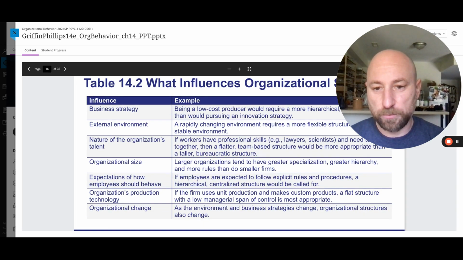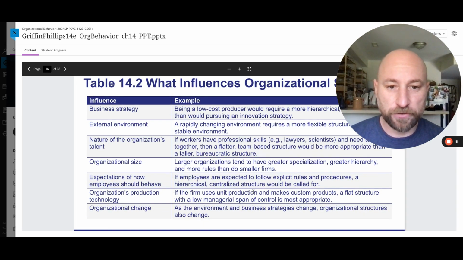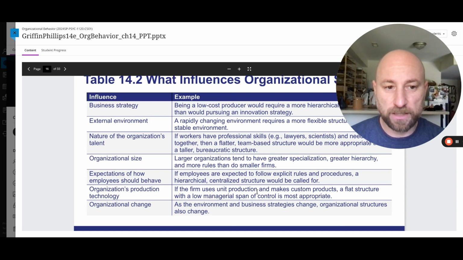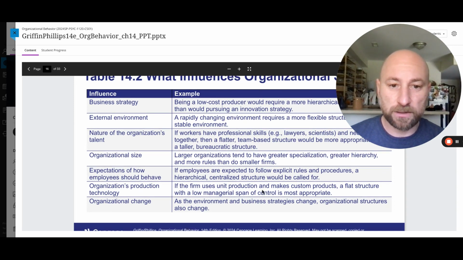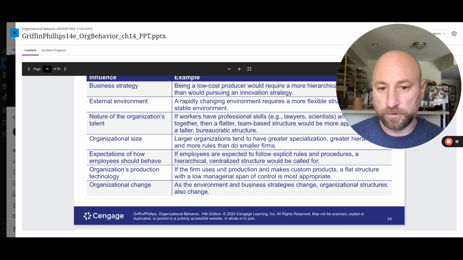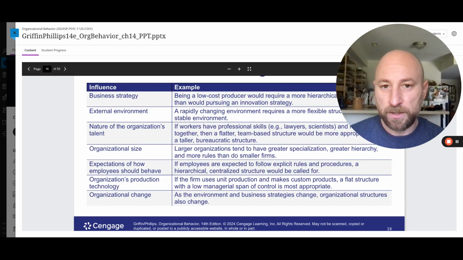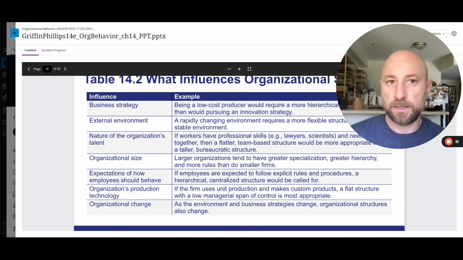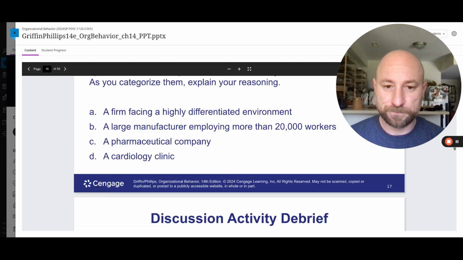Organization's production technology: if the firm uses unit production and makes custom products, a flat structure with a low managerial span of control is most appropriate. And organizational change: as the environment and business strategies change, organizational structures also change. So there are a lot of factors in terms of what is going to influence how an organization is structured.